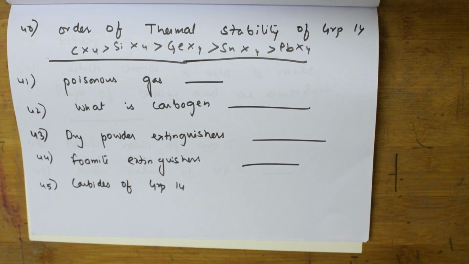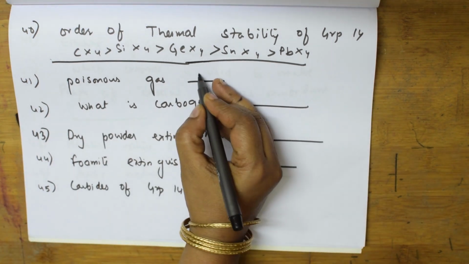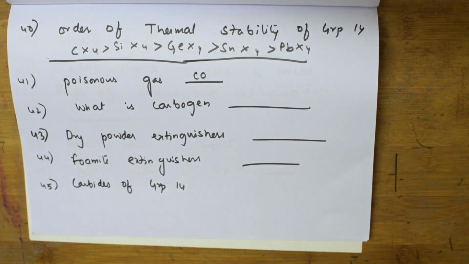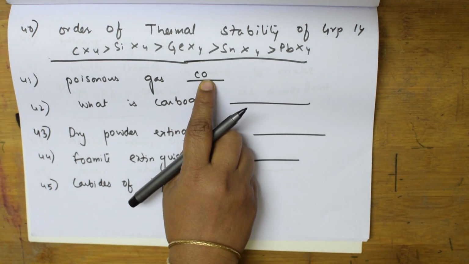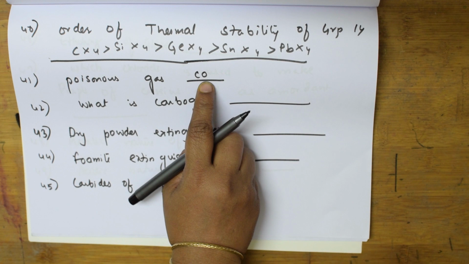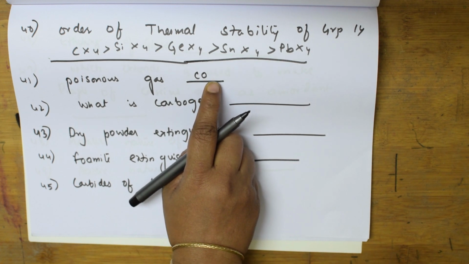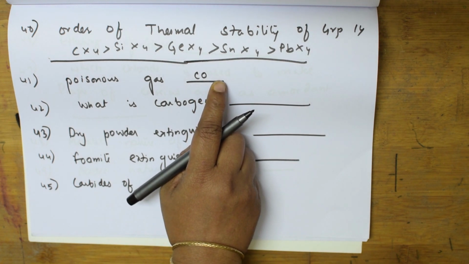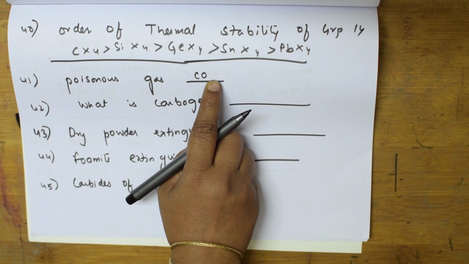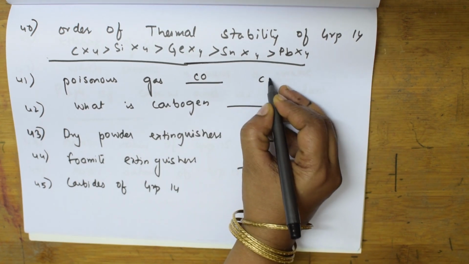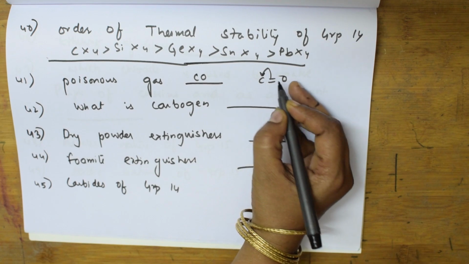Next, in group 14, what is a poisonous gas? Carbon is the first element, so carbon monoxide. Why am I saying it is poisonous? Because when it reacts with hemoglobin, it forms carboxyhemoglobin, which does not have the capacity to absorb oxygen. This back bonding means pi acid ligand.